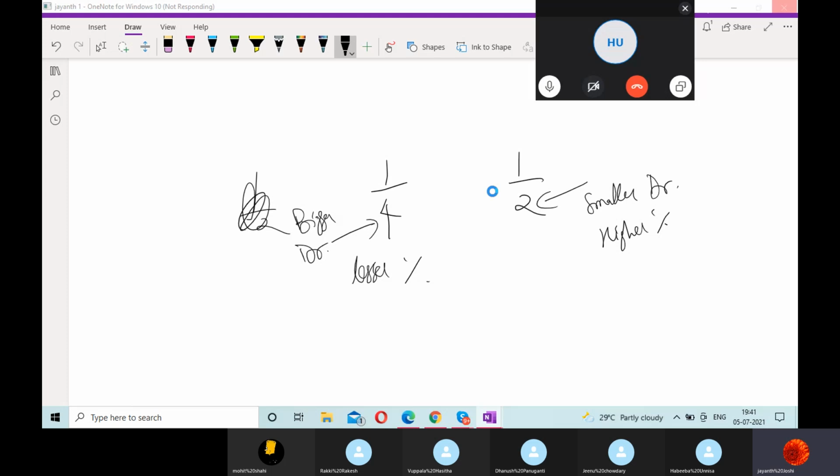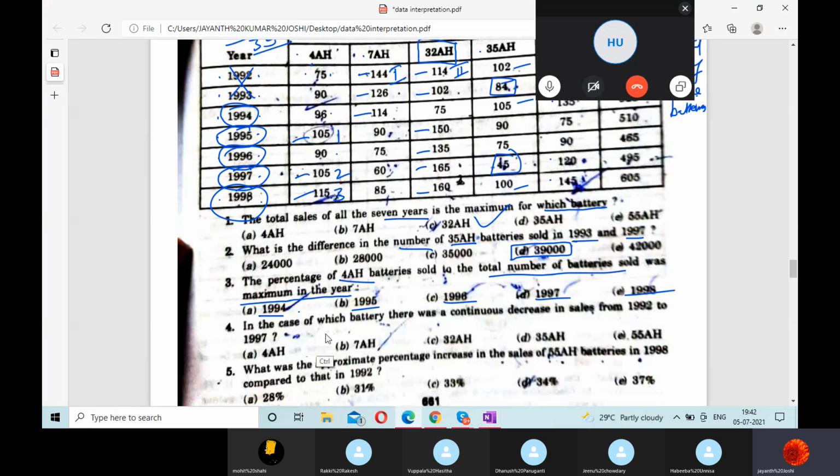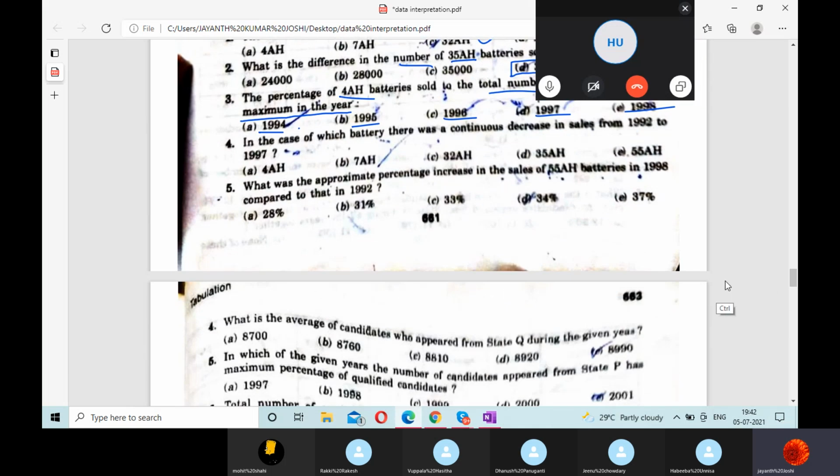Now we will try to solve. See, what are they asking? The percentage of 4Ah batteries sold to the total number of batteries sold was maximum in the year. So let us see. 94, 95, 96, 97, 98.